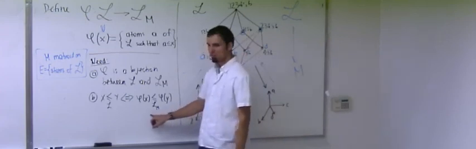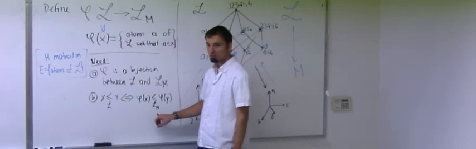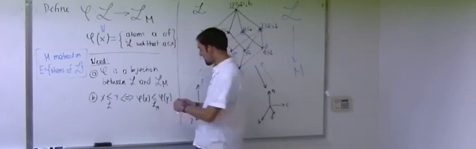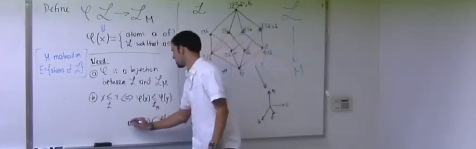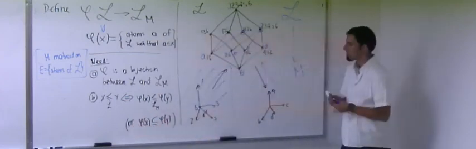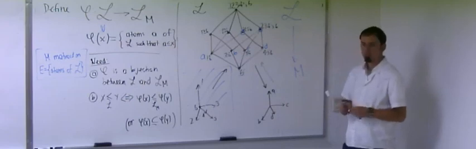Remember, what is the order in the lattice of flats of a matroid? It's containment. And so what this really means is that phi of x is contained in phi of y, because this is the definition of the order in the lattice of flats. So this is a translation, where phi of x and phi of y are in L sub M.